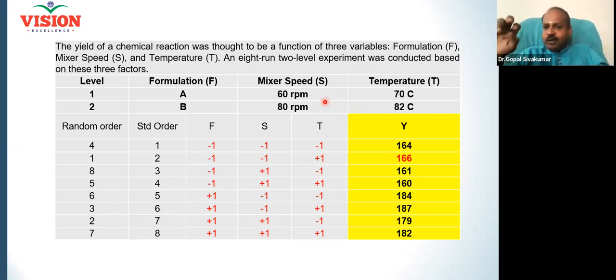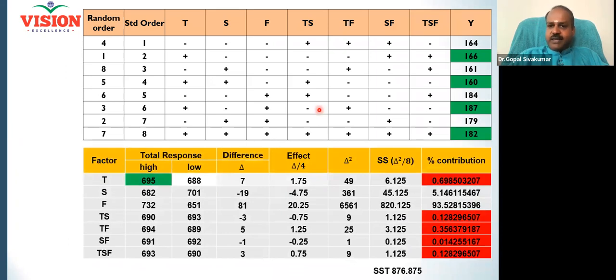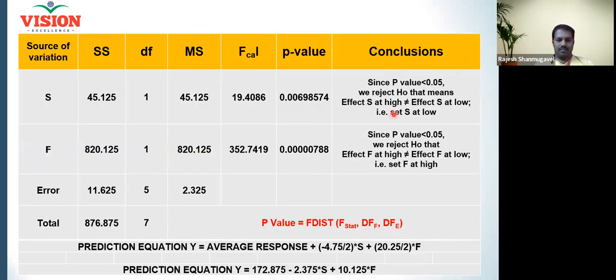Your company is allowing your operator to set the mixer speed anywhere between 60 to 80. But the study is telling you that mixer speed is critical. So the result you get at 60 is completely different from the result you will get at 80. Do you understand? So the chemical process yield is not equal.